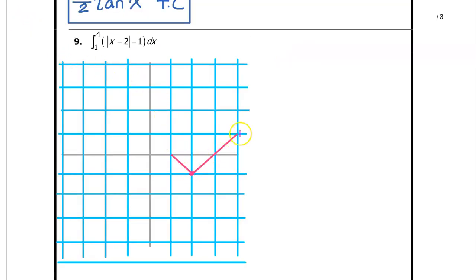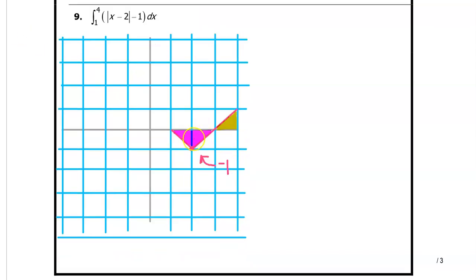Here is the portion of the absolute value graph between 1 and 4, since those are the limits of integration. We need to find the area between the curve and the x-axis. So I see that we have a portion of the area that is below the x-axis and a portion that is above. Area below the x-axis is considered negative. So the first triangle has an area of -1.